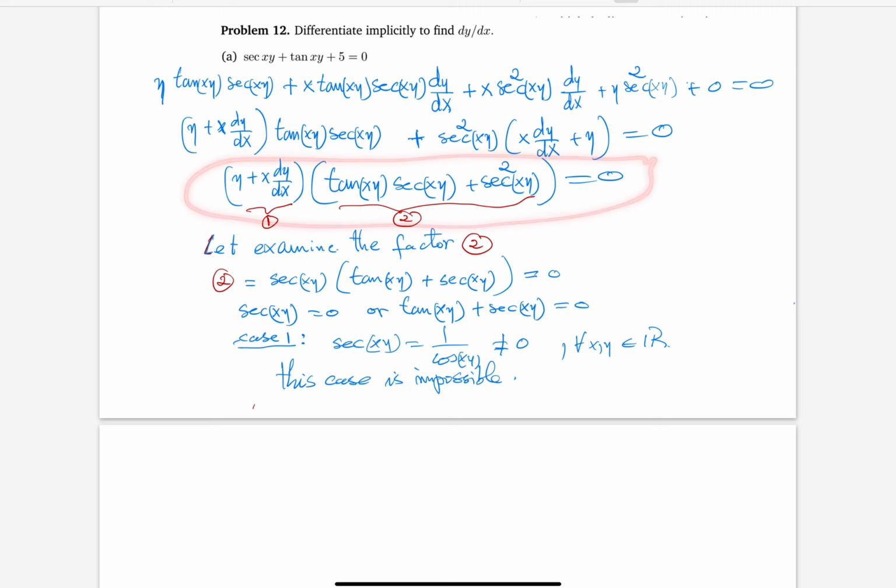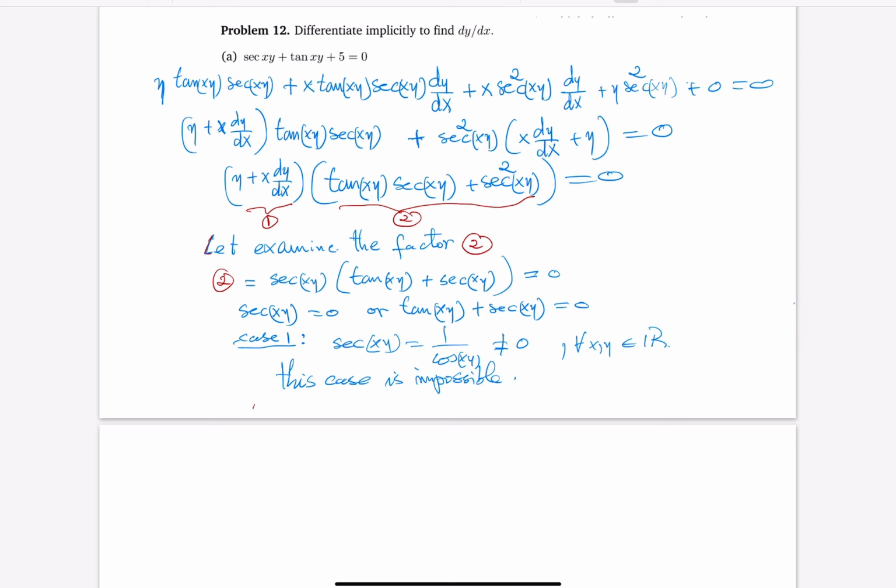So now if I call here 1, here 2, okay? And now if I set this to be 0, the first one, secant of xy can be 0, or this one can be 0. Now let's do case 1. Case 1 is the secant of xy.